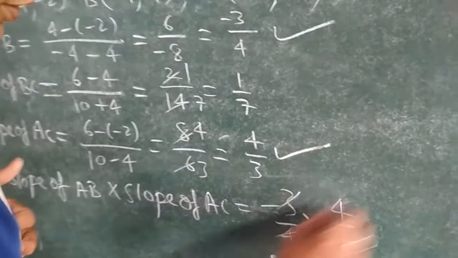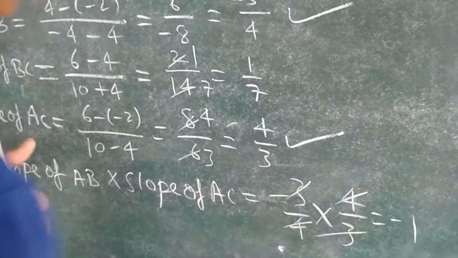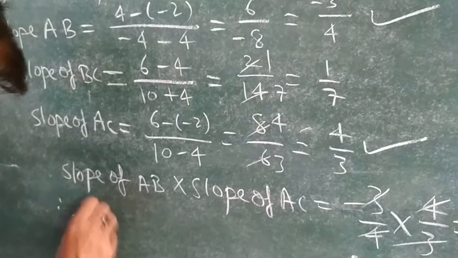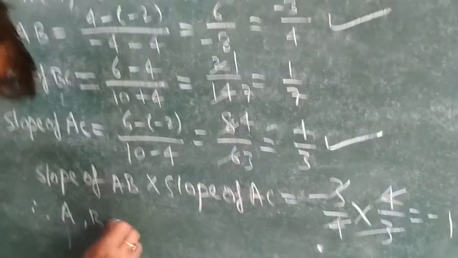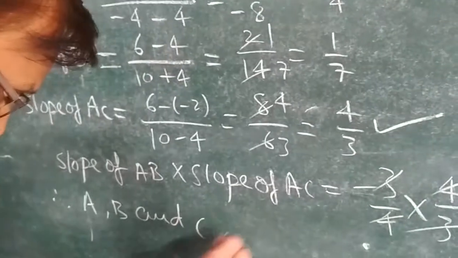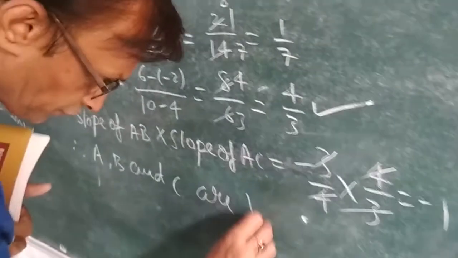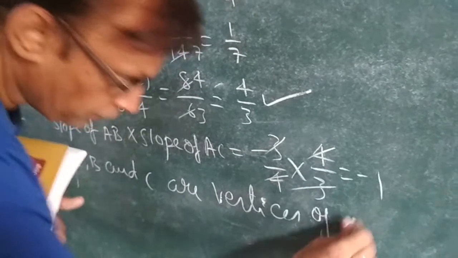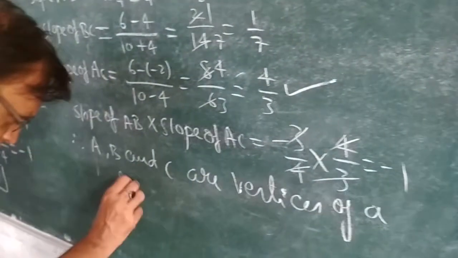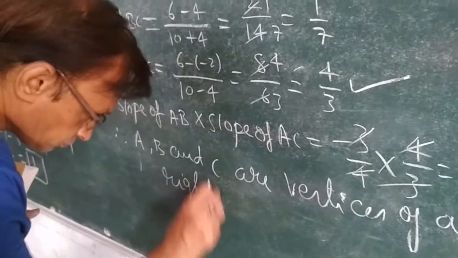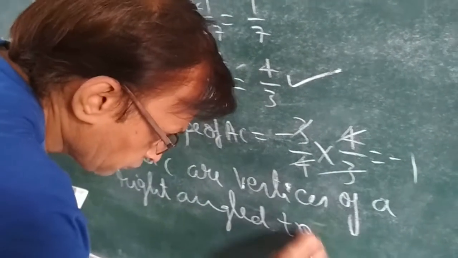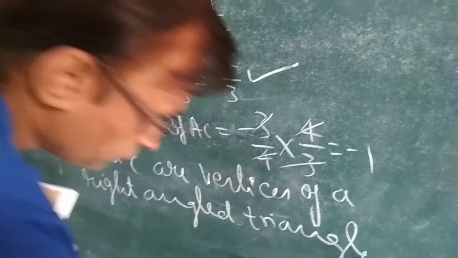The 3s get cancelled. So it is equal to minus 1. Hence this proves, therefore A, B and C are vertices of a right angle triangle. So this is your solution.